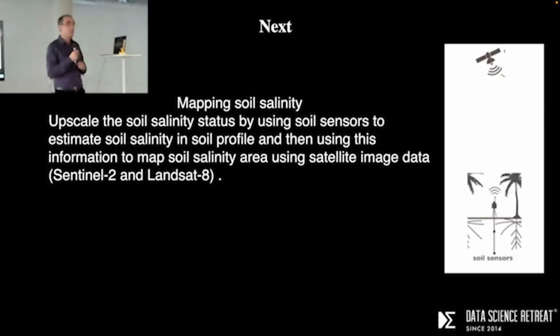The next step for my work is to use this information about the salinity in the ground truth, and to use the salinity image to do mapping of the salinity for the whole area, not just the soil profile where I obtained this information.